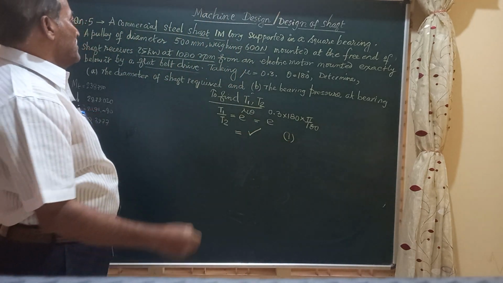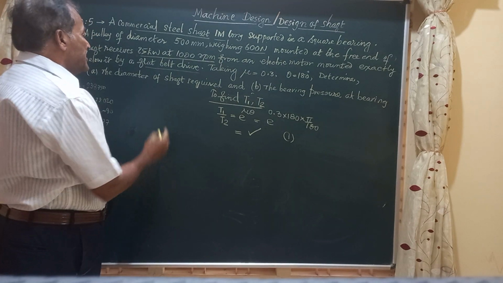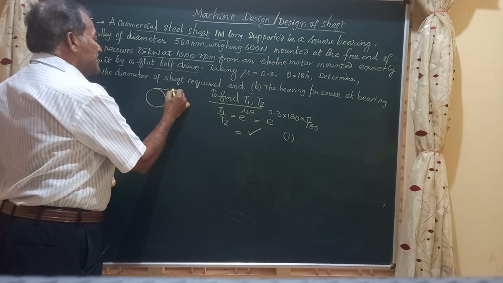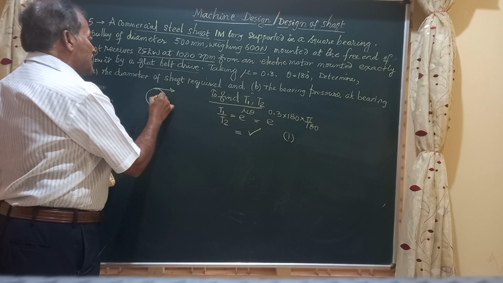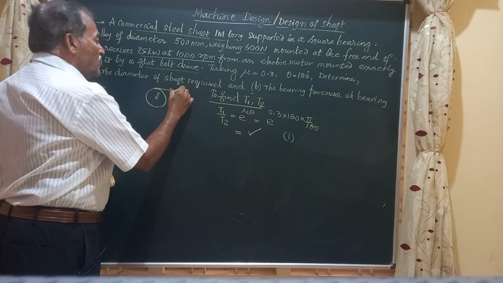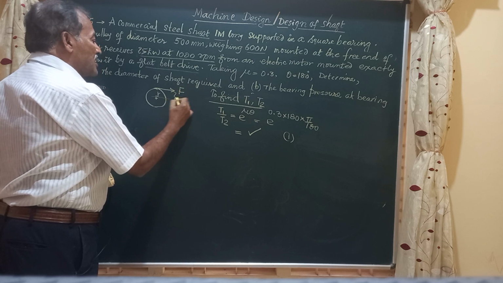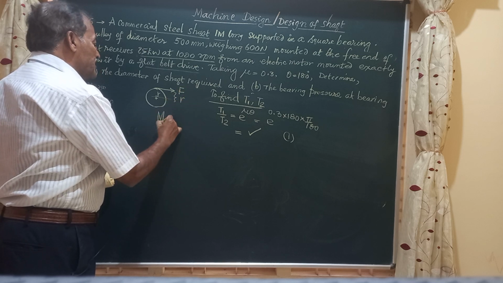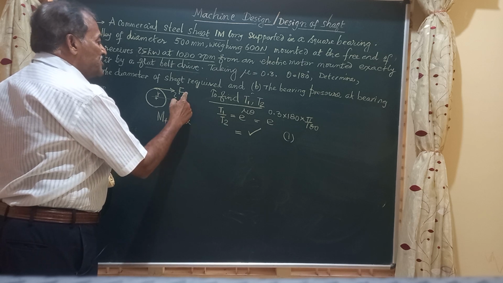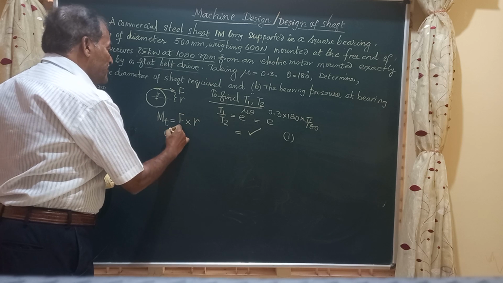Similarly, friends, we have to get one more equation to solve for T1 and T2. Friends, if you have a pulley like this and it has a radius R, this load F into R will give you MT. MT is the product of the tangential load F into radius. So MT we know.